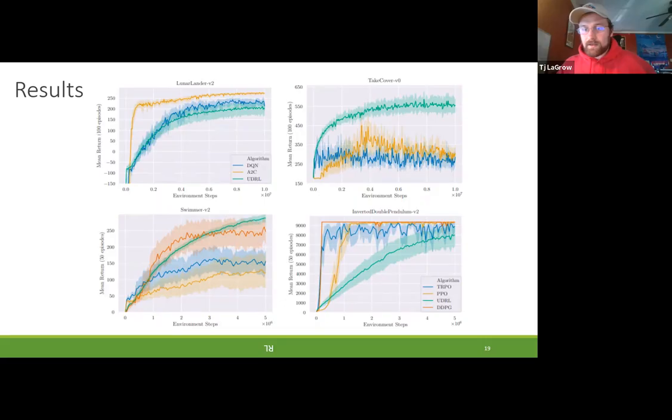TRPO and PPO and DDPG are ways of conducting this in a continuous environment as well, using a couple different mechanisms that we don't need to get into due to time, but those are state-of-the-art algorithms, or near to the state-of-the-art algorithms, used to help agents learn in a continuous environment.